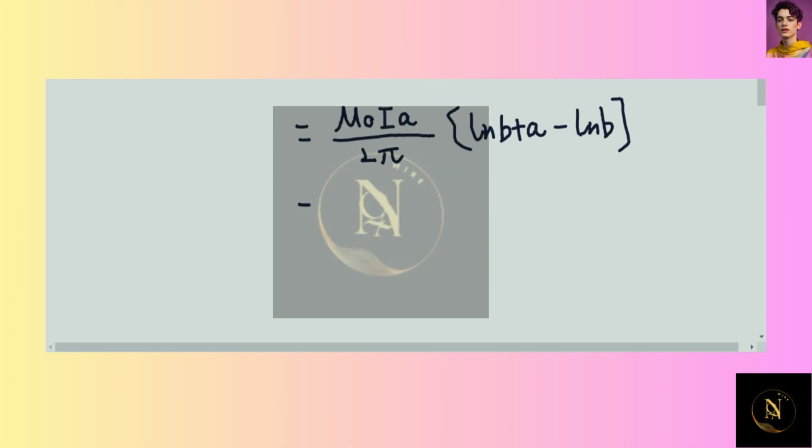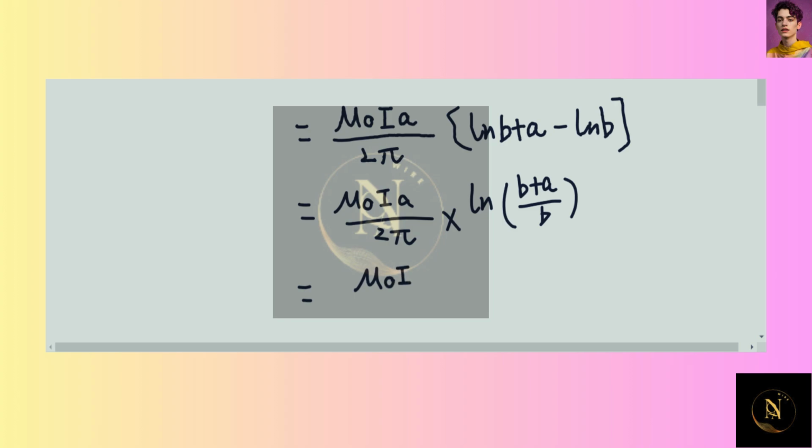Therefore, we have mu0 I a over 2 pi times natural log of b plus a over b. And eventually we'll have mu0 I A over 2 pi times natural log 1 plus a over b.